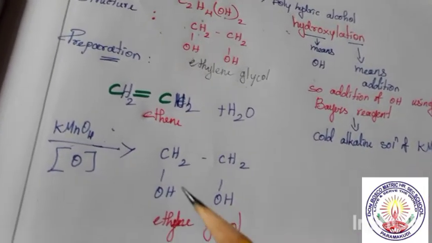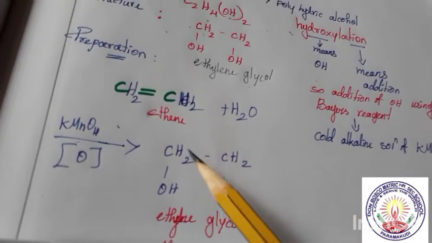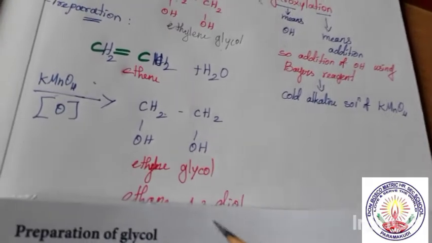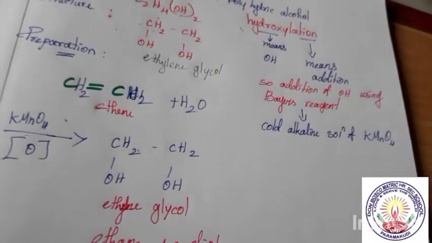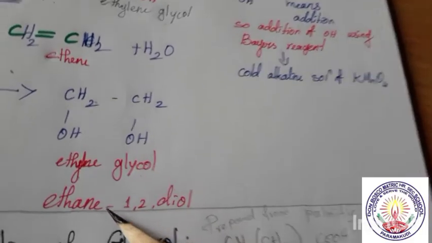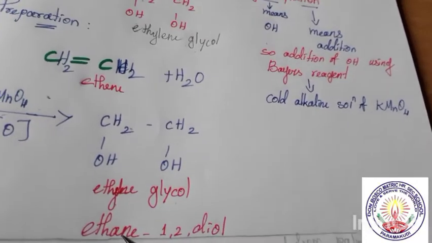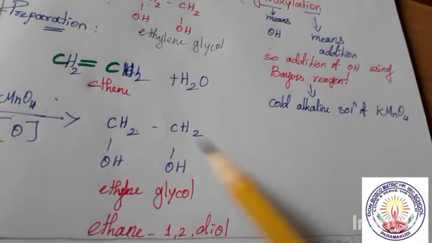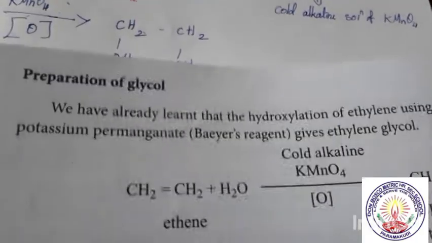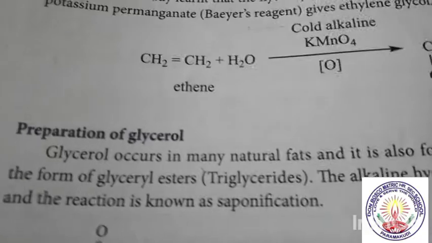Here you see, CH2OH we are getting, and this is ethylene glycol. IUPAC name for this is ethane 1,2-diol.